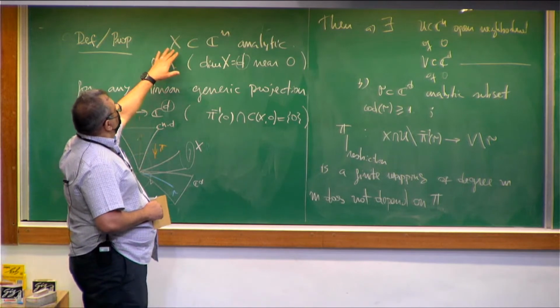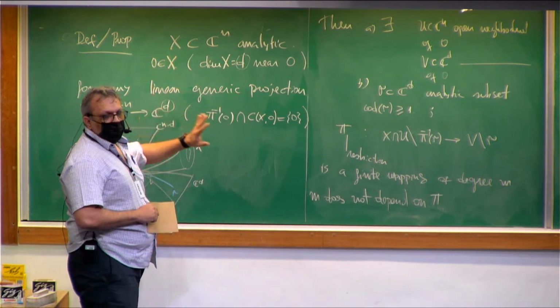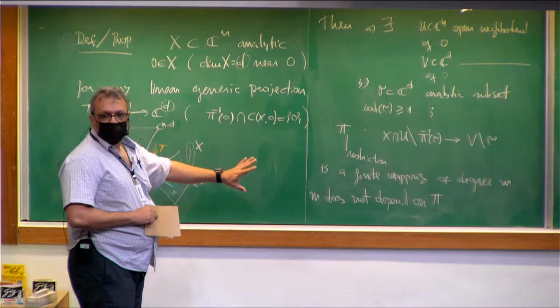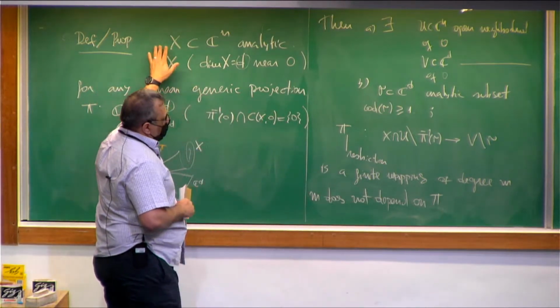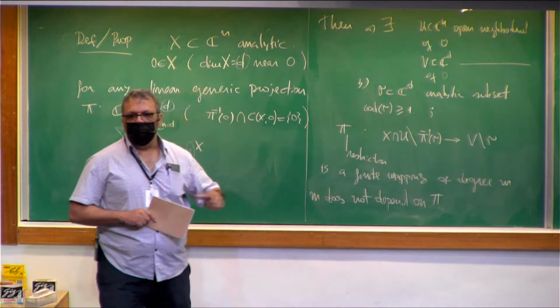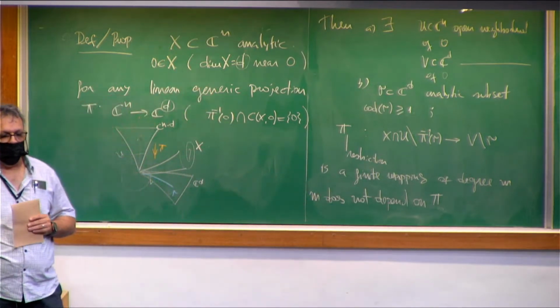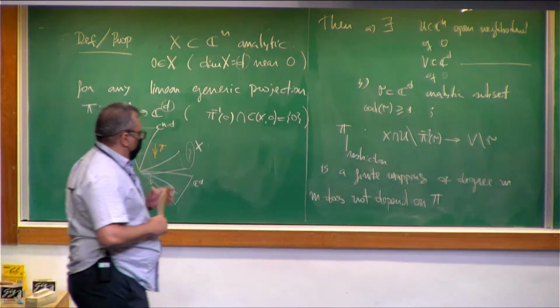Even when X is not of pure dimension, we will call this number multiplicity, okay? When X is of pure dimension, this number coincides with the Hilbert-Samuel multiplicity defined in commutative algebra.